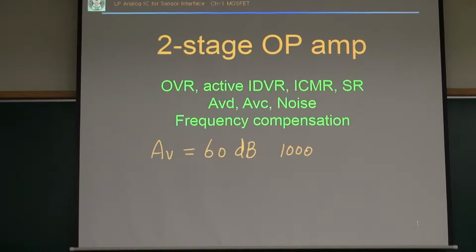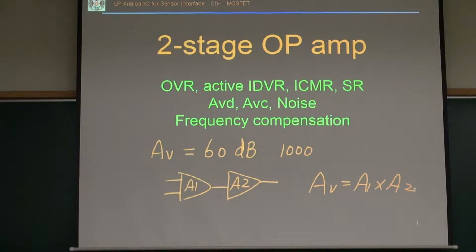With a single differential pair, the voltage gain may be 100 or maybe 600, something like that, so I need a two-stage. Then my voltage gain is just a multiplication of those two, and I can achieve a voltage gain larger than 1,000.